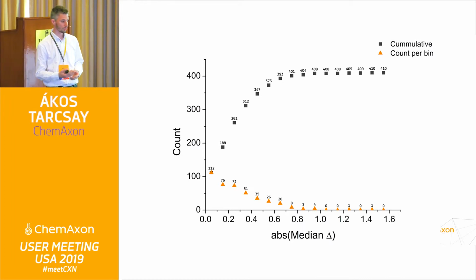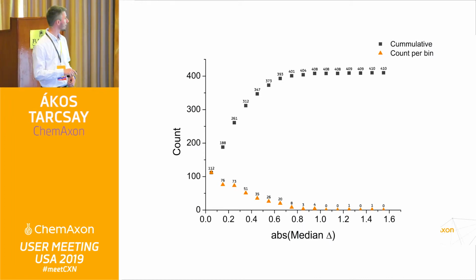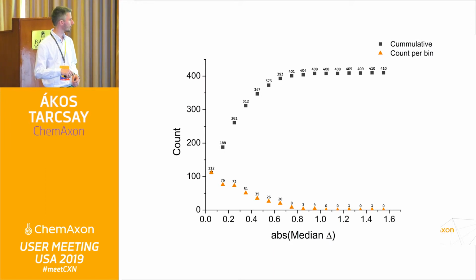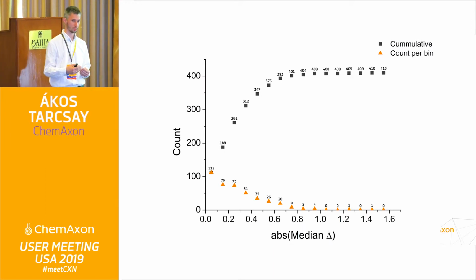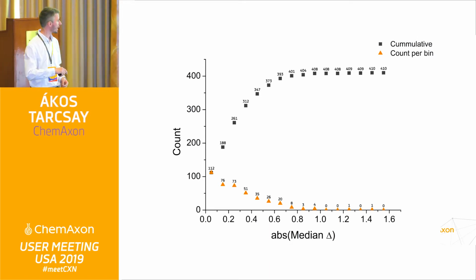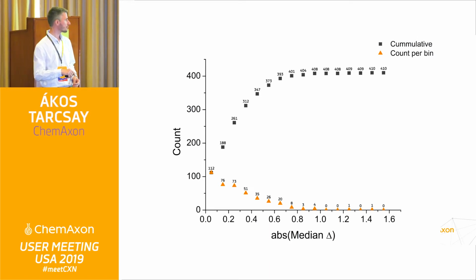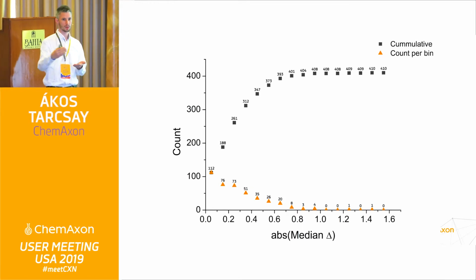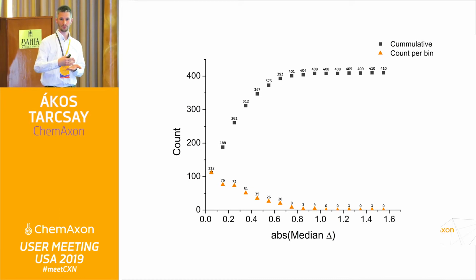To test this, we just plotted how many of the transformations are associated with a given activity change. On the x-axis you can see the absolute median of the delta values. The delta is in the pairs: if you go from A to B in the pairs, what's the difference in the activity?